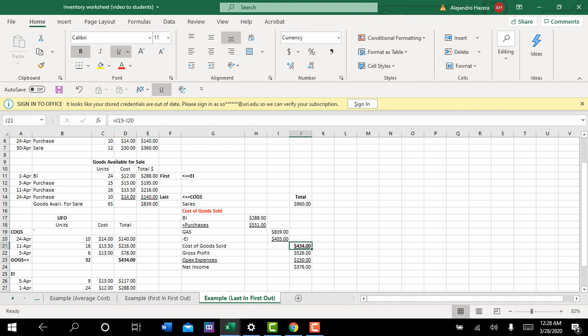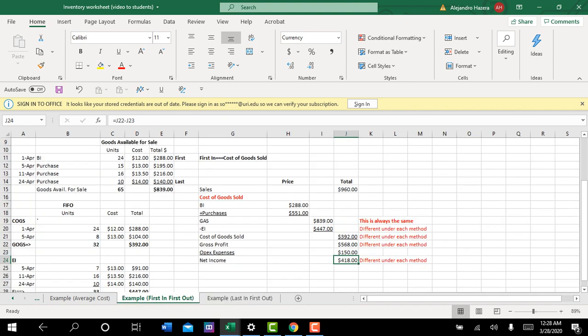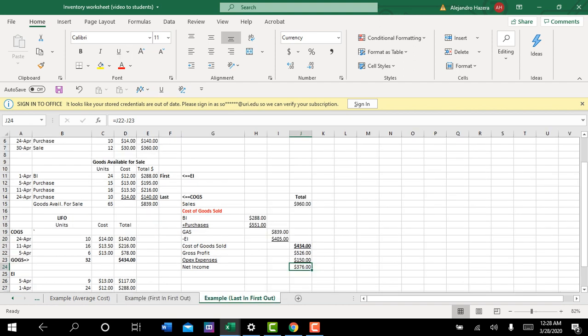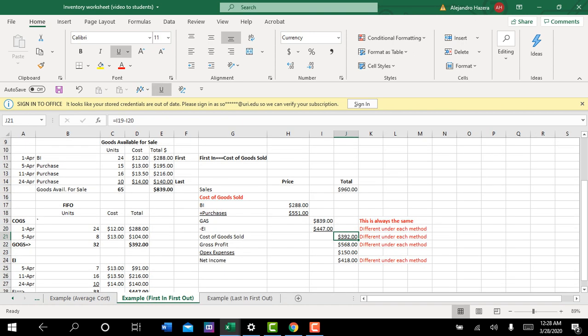Under first in, first out, we use the exact same assumptions. Your cost of goods sold are less. It's 392 here, and it is 434 here. So our cost of goods sold is less than under last in, first out, and our gross profit and net income are actually greater. And that always happens when prices are rising.